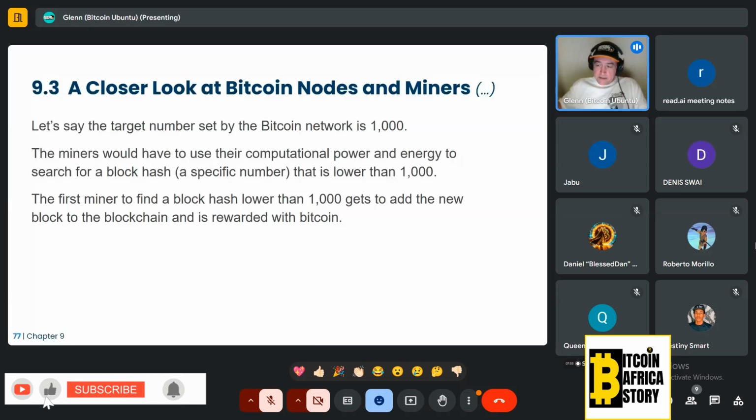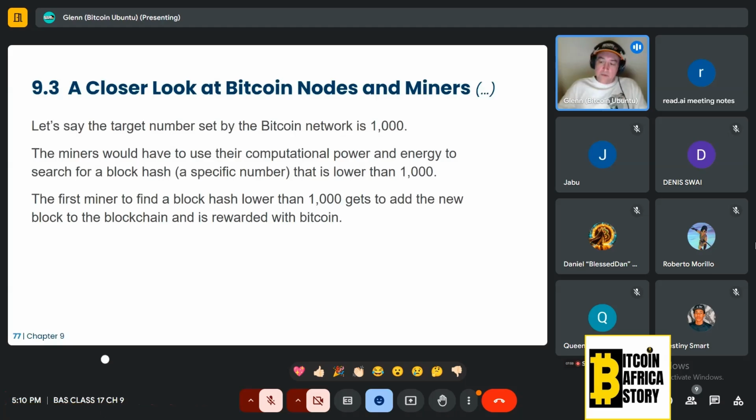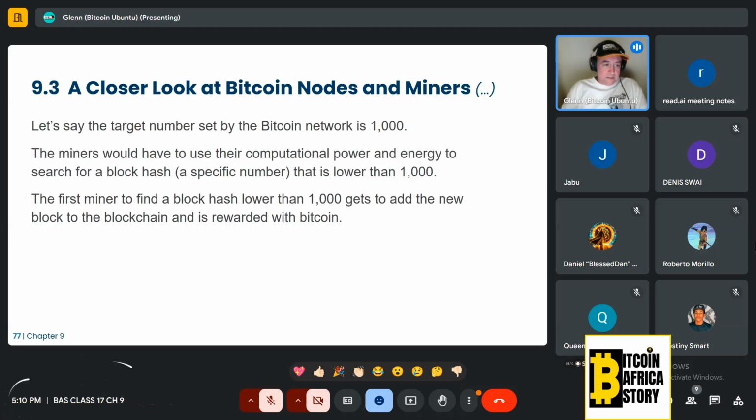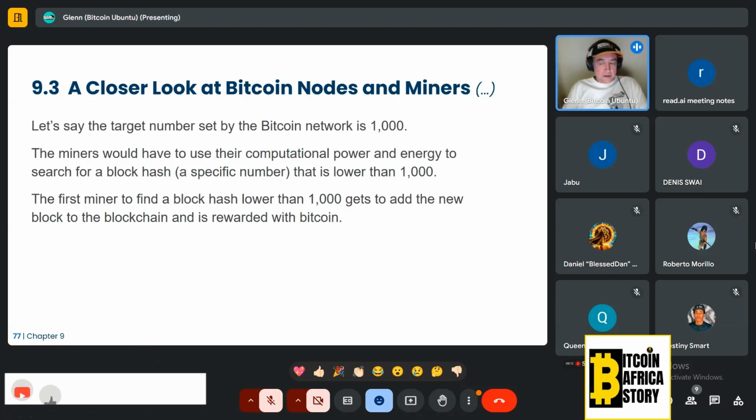So again, in that example, in that question, we use the analogy of a haystack. The more people searching through the haystack, the more hay gets added to the pile. So that consistently the needle is only found once every 10 minutes on average.